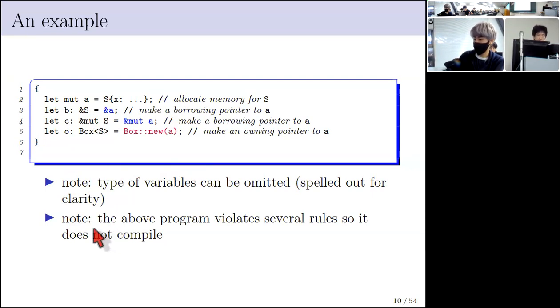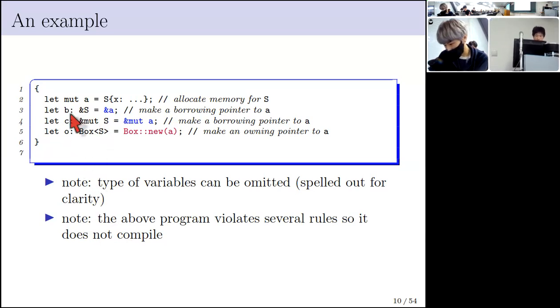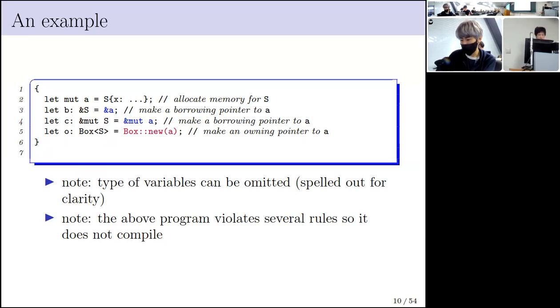Another note is that this piece of program actually doesn't compile, for reasons I have not talked about yet, so I'm going to get into them. The above program already violates some rules that are enforced by Rust. I'll get to that later.